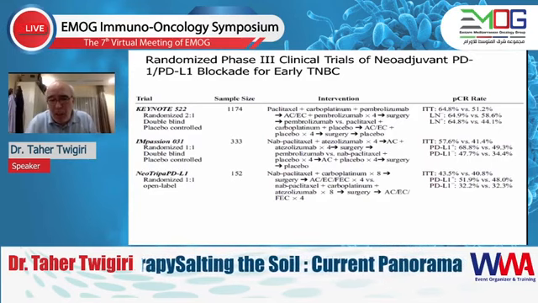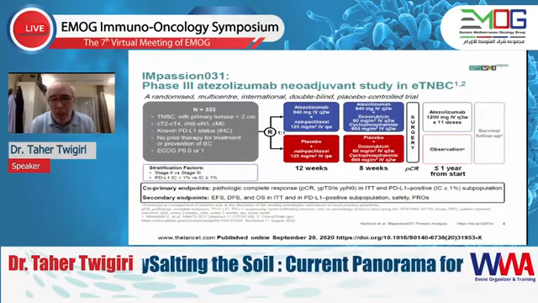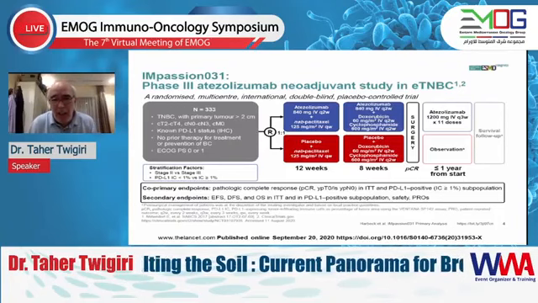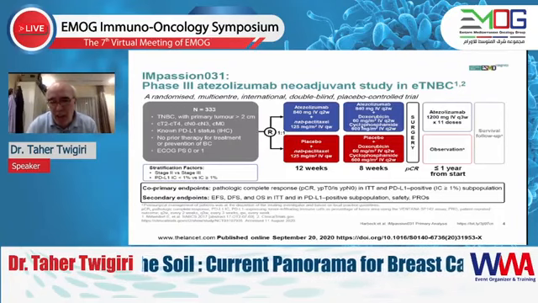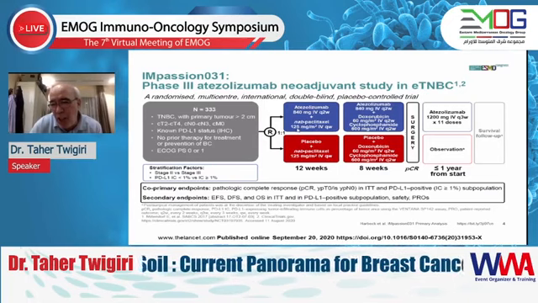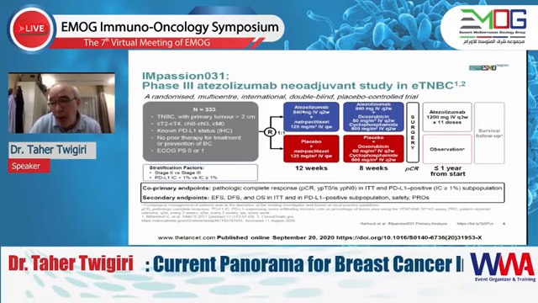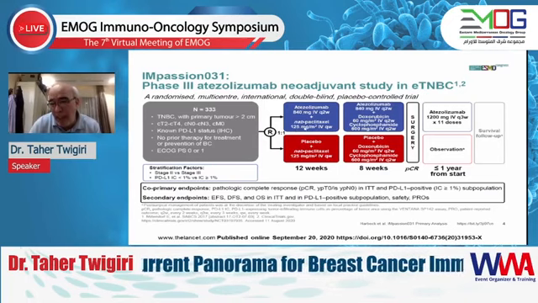But let's complete this. Now, the Impassion 031 phase 3 Atezo neoadjuvant, as you can see here, this is a very aggressive one. You see here, they changed the dose to 125, okay, Atezo and nab-paclitaxel, and then nab-paclitaxel.